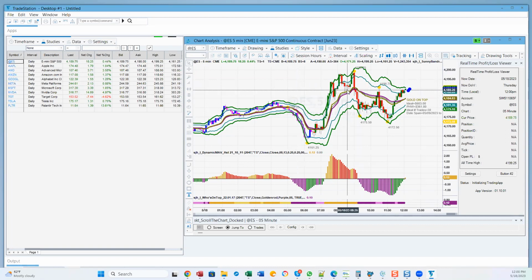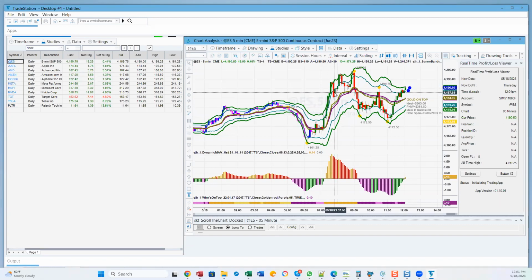So on this 5-minute E-mini, the trades are called out by the sunny bands, which are the green and blue lines on the extremes on either side of the dynamic moving average. I read them by saying price is going to go down to the lower outer band, back up, stalling a little bit at the flat DMA, that always happens, and then go all the way back up to the outer band, turns red and comes in.